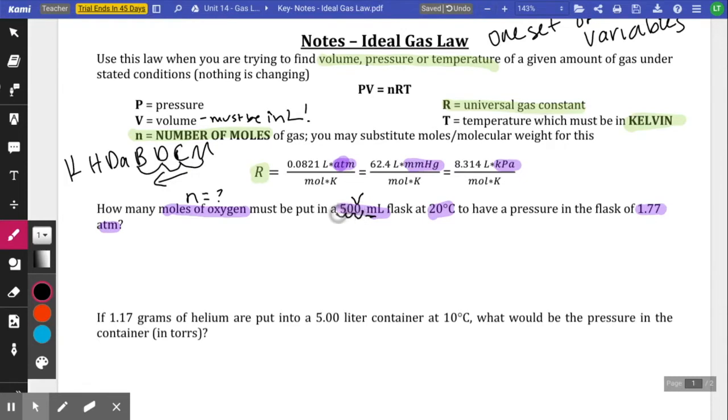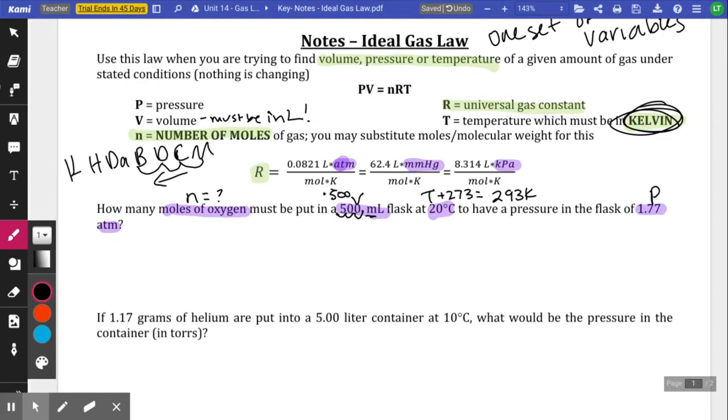So that would be 0.500 liters. At 20 degrees Celsius, there's our temperature. But again, we must be in Kelvin, so we'll add 273 to that, which gives us 293 Kelvin. And then finally, the last value that we see is 1.77 atmospheres, which is our pressure.